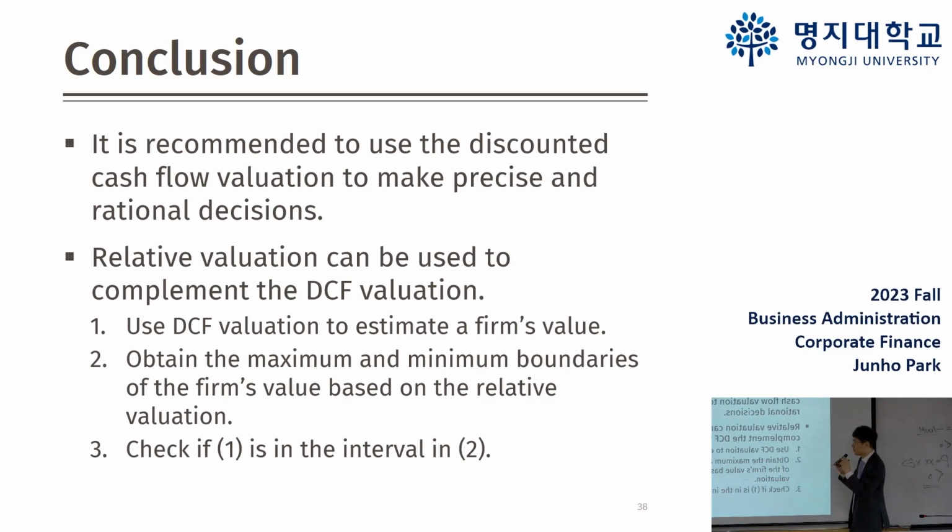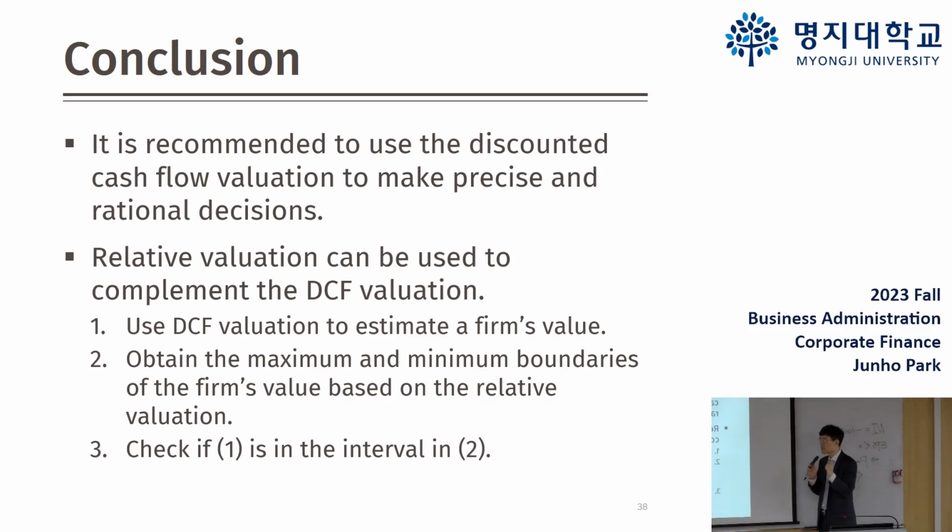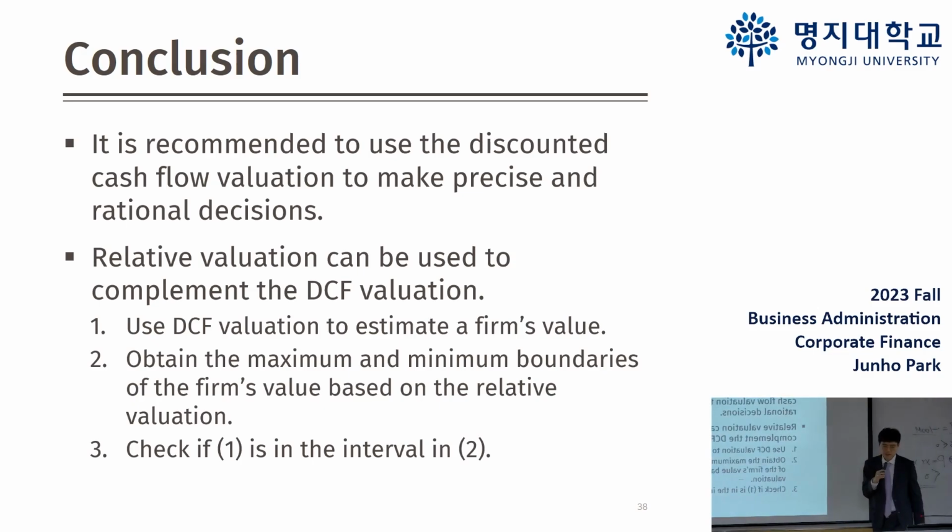If your DCF valuation gives a number which is between the lower bound and the upper bound from the relative valuation, then it means both methods are pointing to the same point. Therefore, you can say that, okay, I didn't make a serious problem in the DCF valuation. So this is a way to complement the DCF valuations by using the relative valuation.